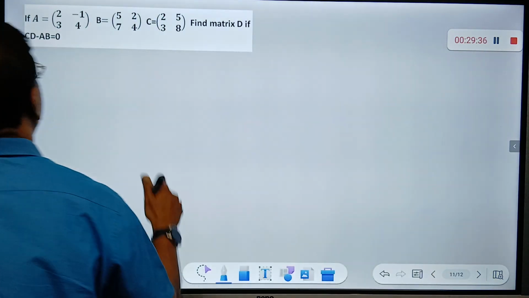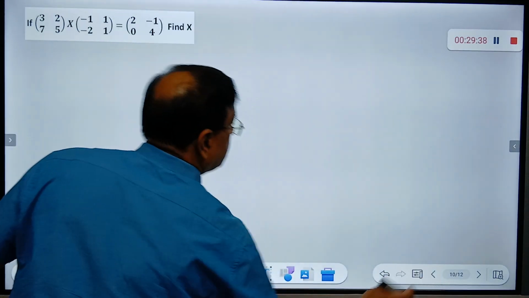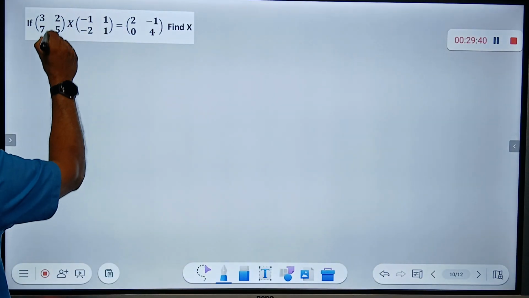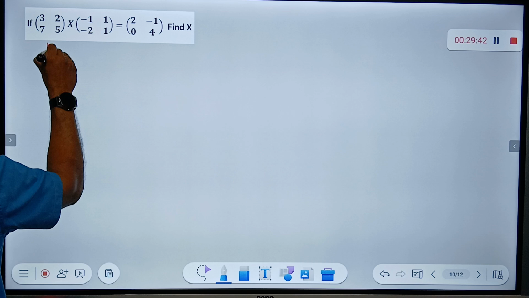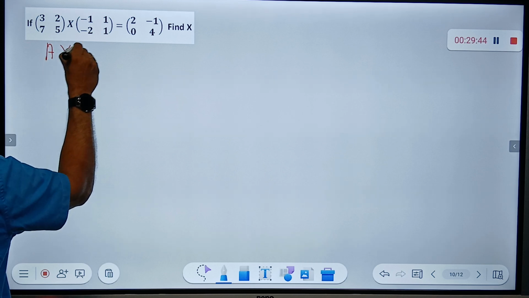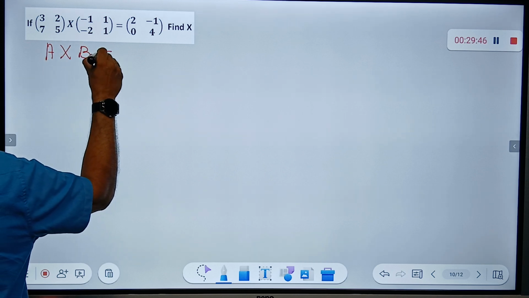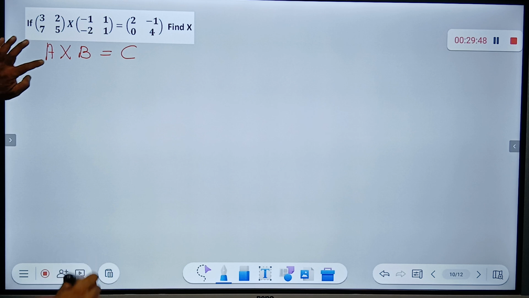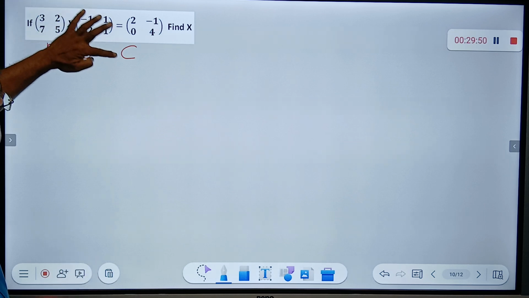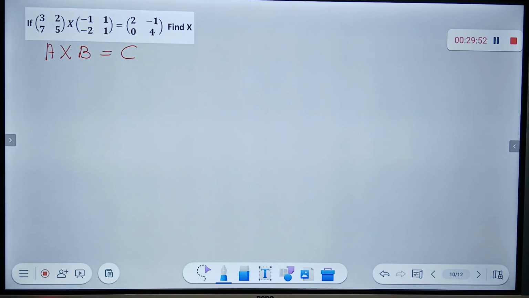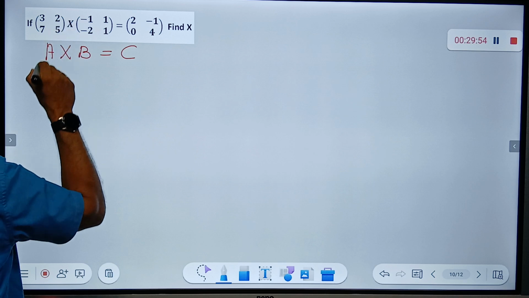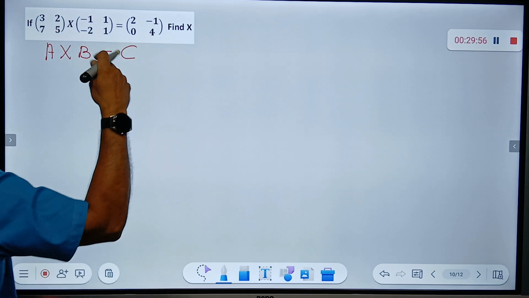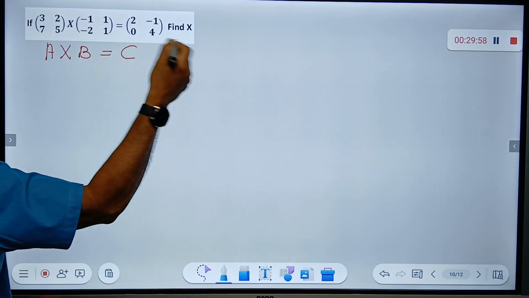Now, in this problem, I will name this matrix as A, X, B equal to C, where A is this, B is this, C is this. Now I want to find X. Since all are 2 by 2, the inverse will exist. I assume it exists.